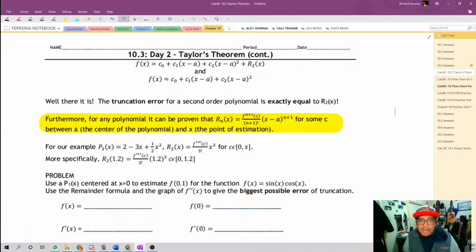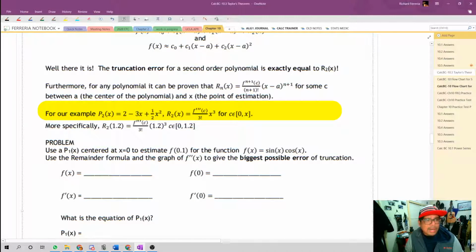That's not completely obvious. In our example, we used P2, so a second degree polynomial. So R2, the remainder of the second degree polynomial, is equal to the third derivative evaluated somewhere over 3 factorial multiplied by x to the third power. And for some reason, that tends to freak out a lot of students.